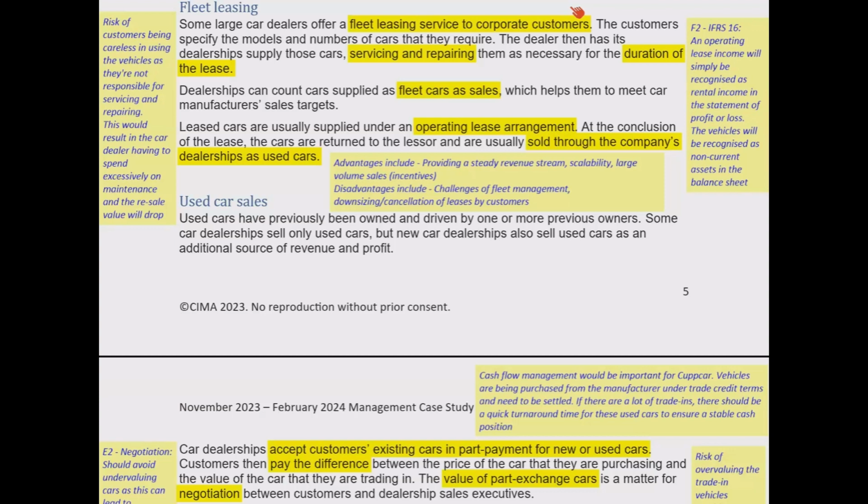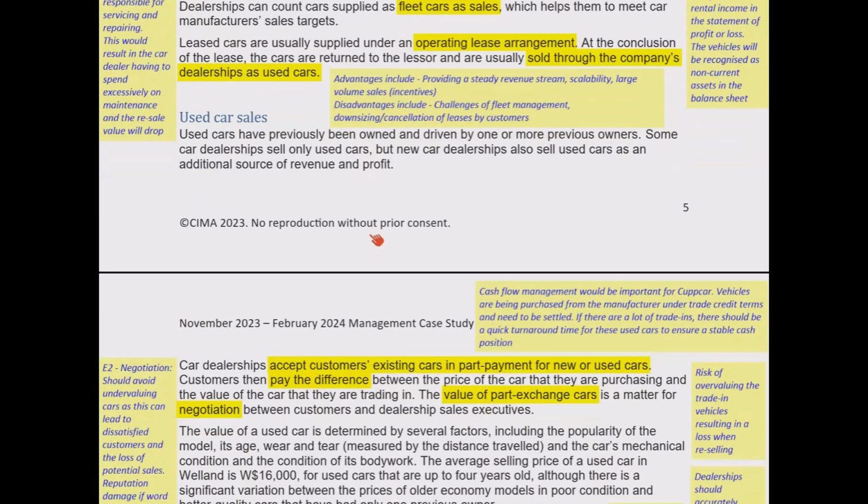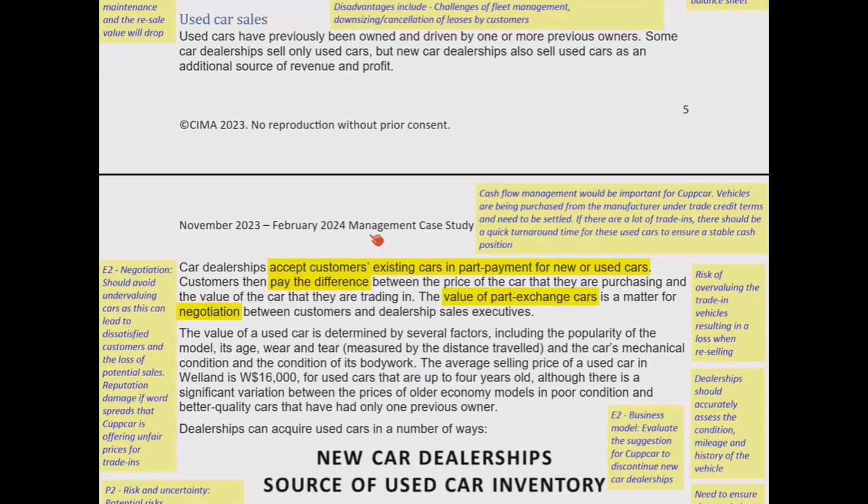If this would be thousands of cars needing to be repaired and maintained all in one geographical location, all for this particular customer, perhaps there would be a proposal to build a separate dealership, not to provide services to external customers, but only to that corporate customer. So again, lots of thinking there. We've made lots of annotations for you about this type of opportunity.